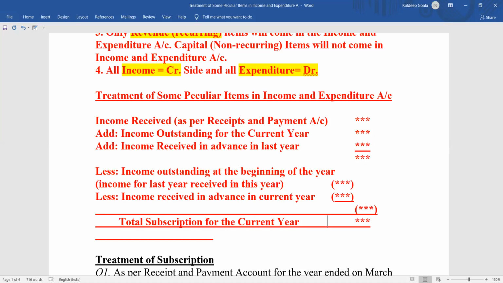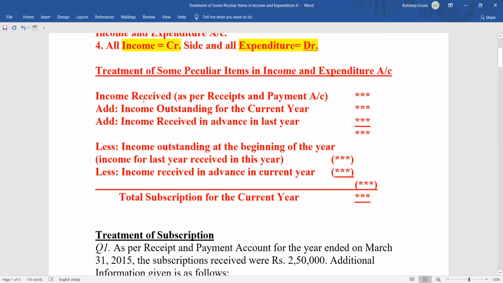Okay, this is how we are going to solve it.